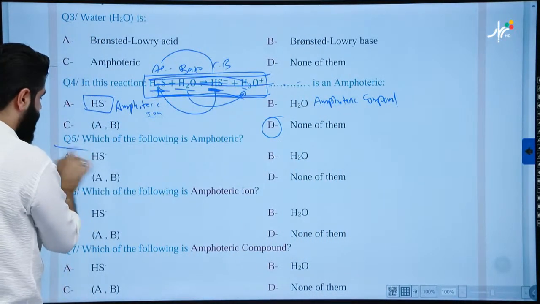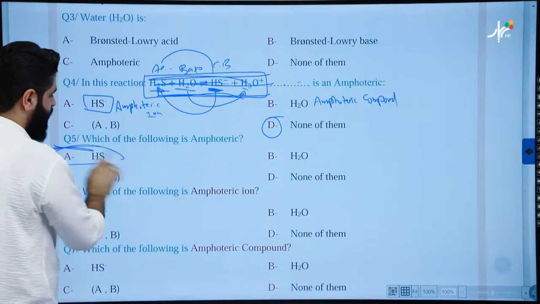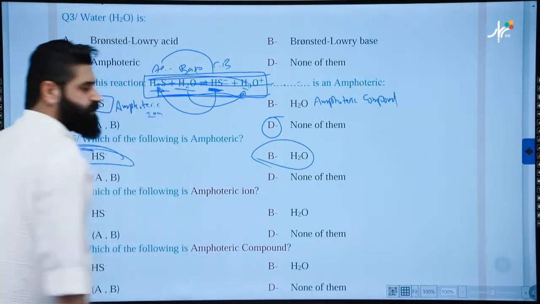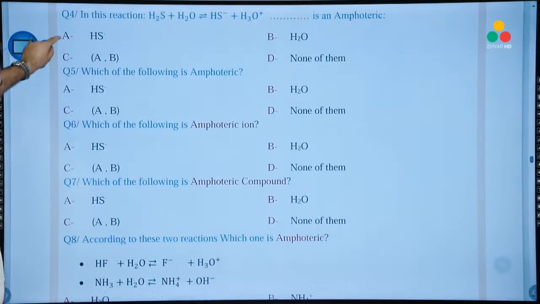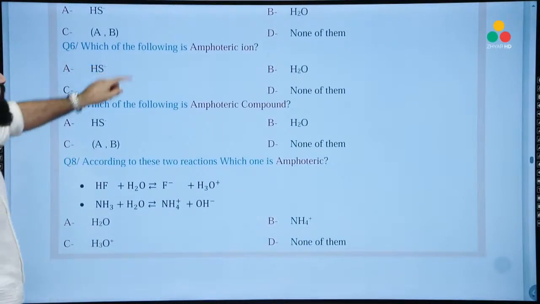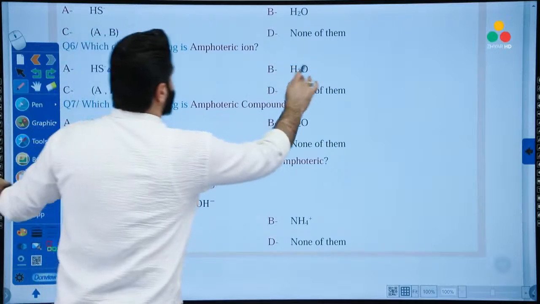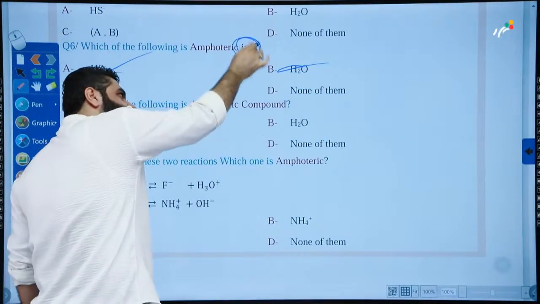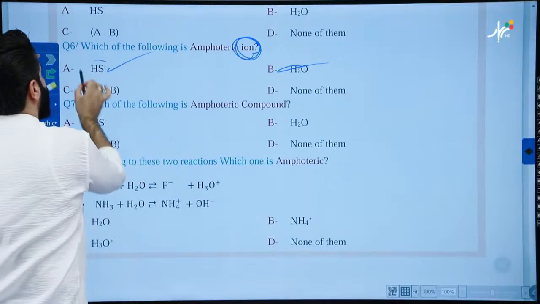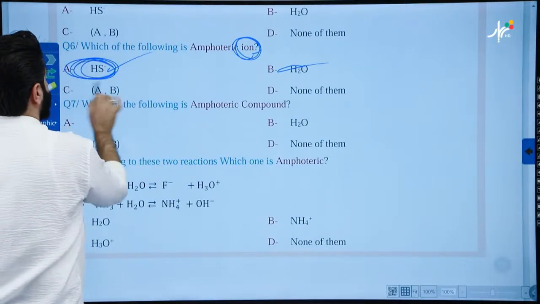As you can see in question number 5, both are amphoteric. In this case they both become amphoteric. Good. Look here: which of the following is amphoteric? HS- is amphoteric and H2O is amphoteric, but the question said amphoteric ion, and this is the ion, so only this one is correct.